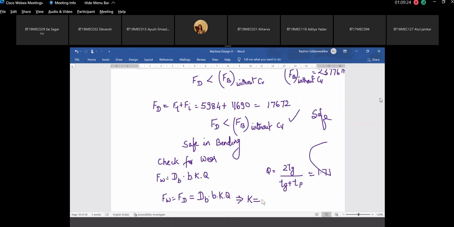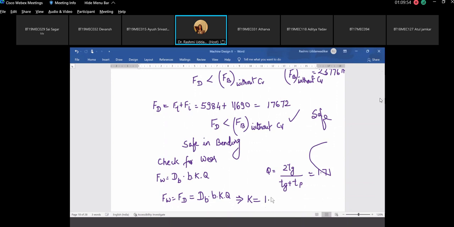K is coming out to be 1.35. Now your values of FD are different. What are the values for K? You are getting, okay, 1.35. All of you are getting 1.35.